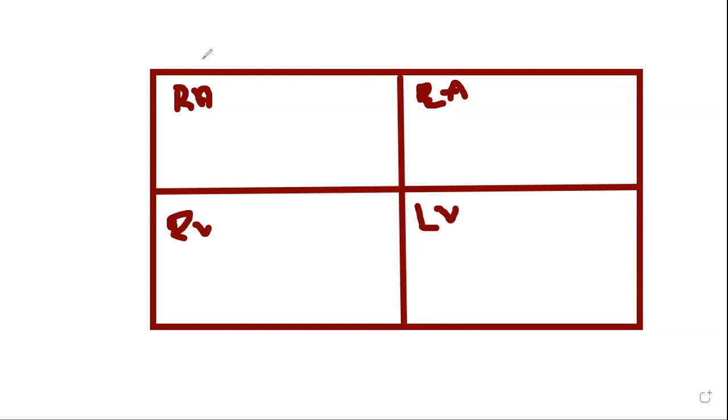So the heart is four chambered, having two auricles as well as two ventricles.